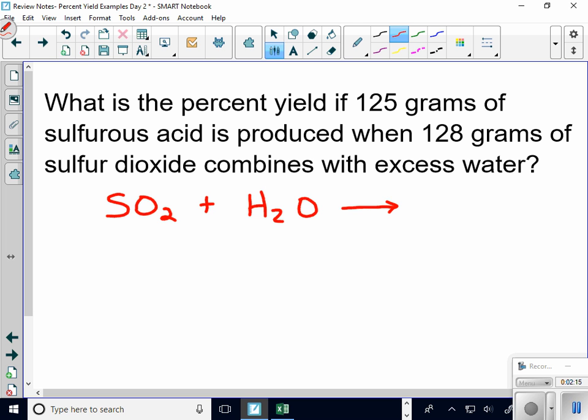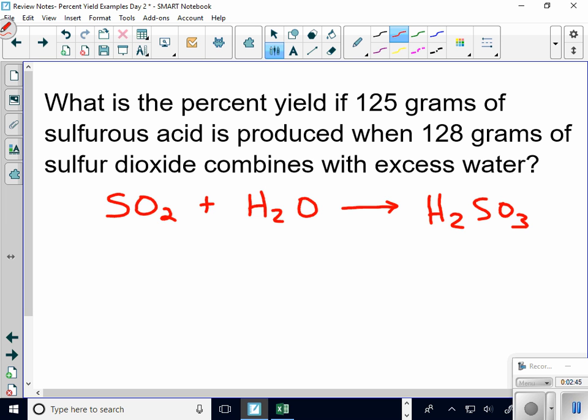And it's going to give us sulfurous acid, so it is sulfite, H2SO3. So sulfur dioxide, SO2, plus water yields H2SO3. That equation is balanced, correct?